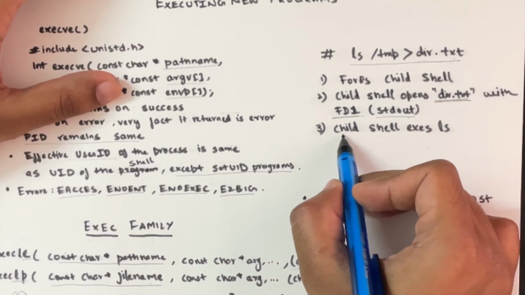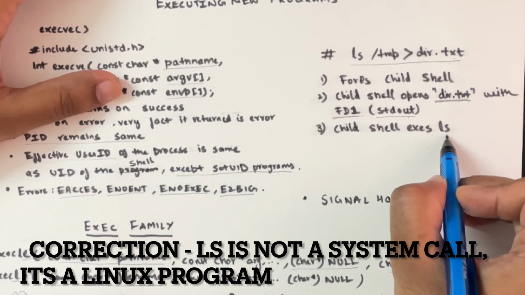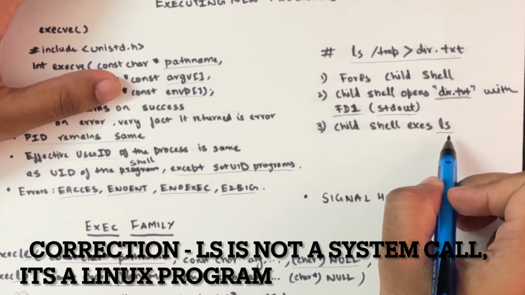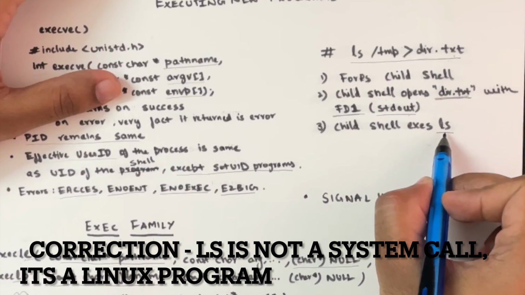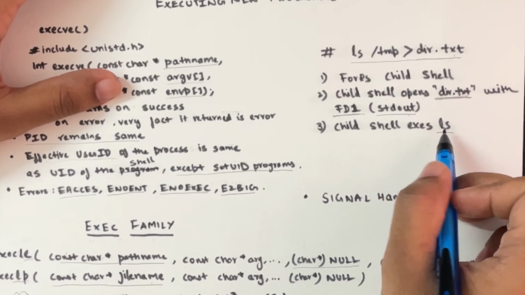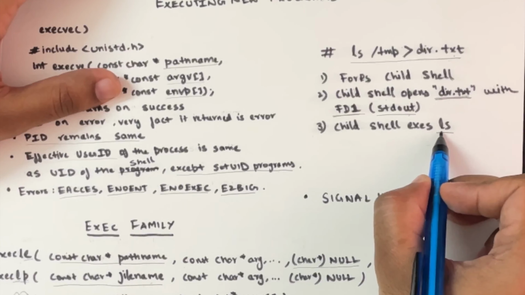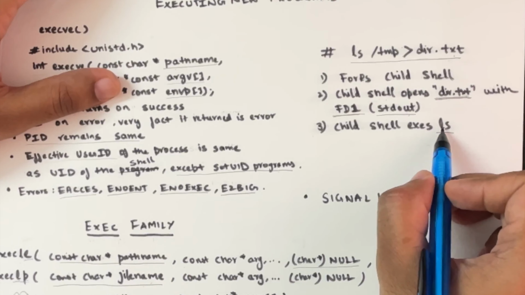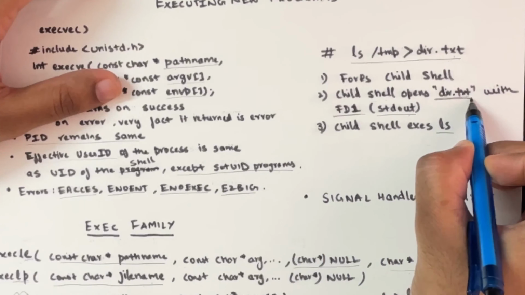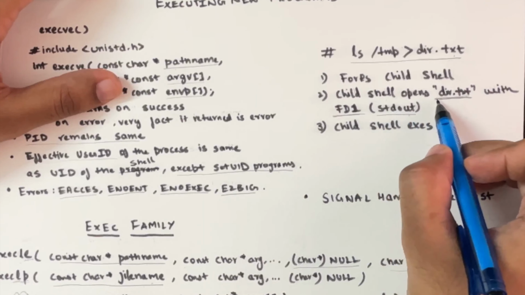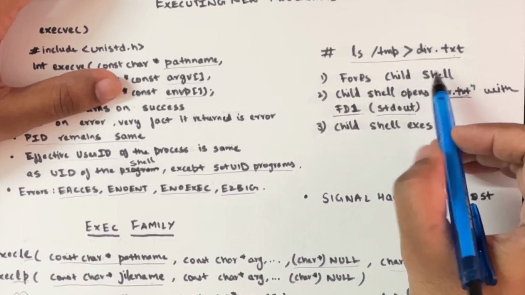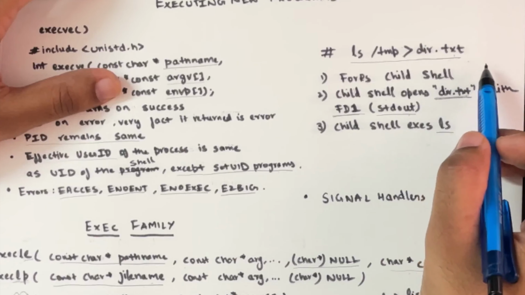The child shell would then exec ls. ls by default writes its output to standard out, that is fd1. Now when this ls tries to write the output, the fd1 has been redirected to dir.txt in the caller child shell, due to which whatever ls writes goes into dir.txt.